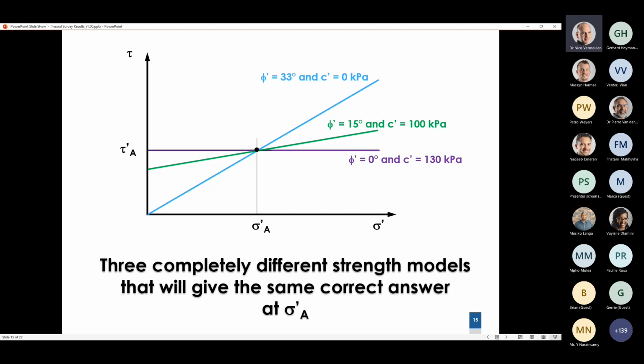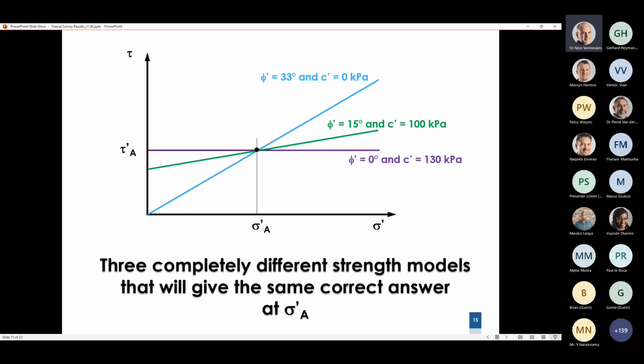And then on the other hand, we've got the purple line with zero friction angle and a high cohesion value. The purple line could in fact be the result of an unconsolidated, undrained triaxial test. The green one could be a poorly executed shear box test where the sample wasn't sheared slow enough to prevent the buildup of pore pressure, and the blue line could have been the result of a properly executed triaxial.